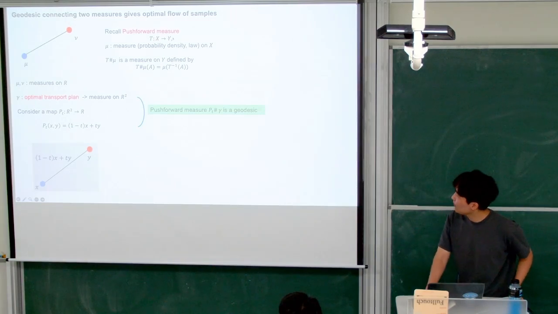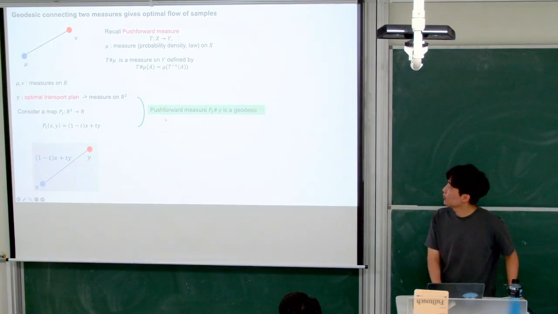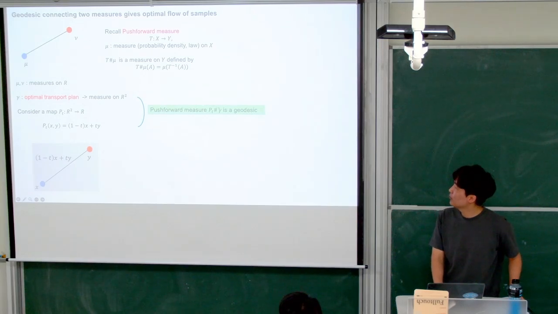Then you can define a push forward, so we have two spaces, R^2 and R. We move a measure from R^2 to R. And on R^2, the measure is chosen by the coupling, the optimal coupling.